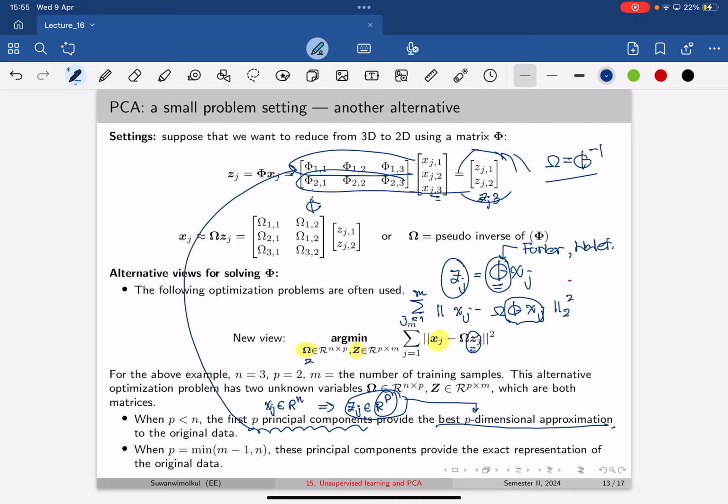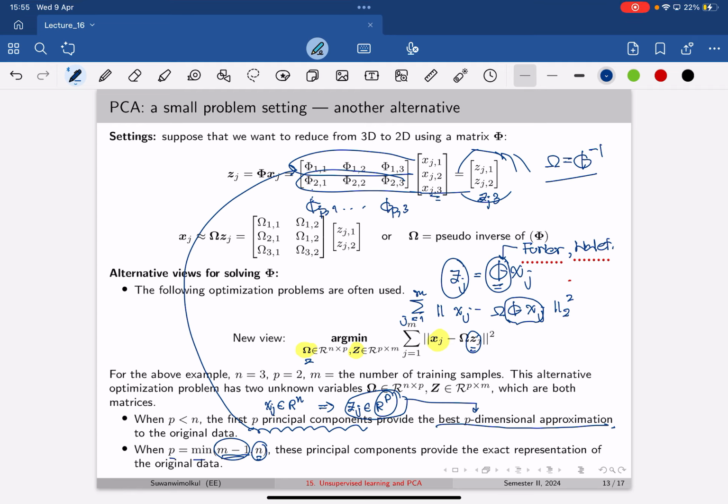So let's say you only have p rows. Usually the size of p could be somewhere between m minus 1 and n, where m is the size of your training samples and n is the size of your input features.